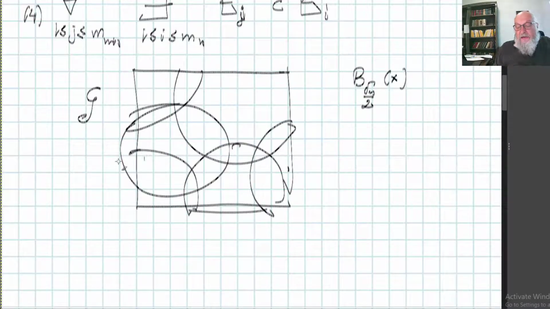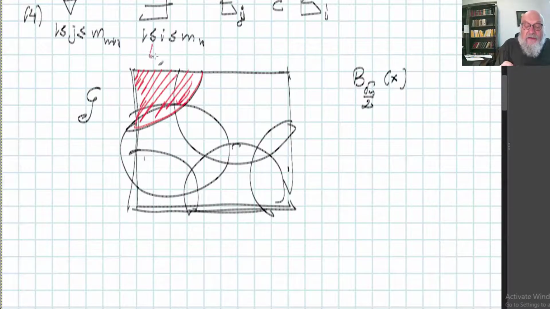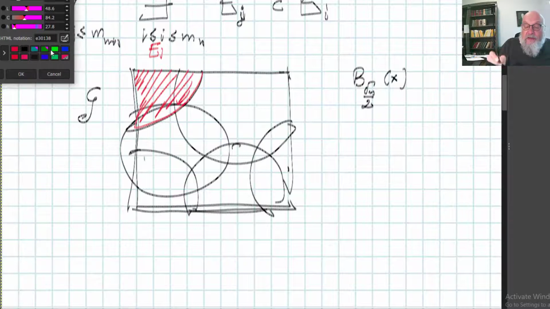For example, I take the first ball as the first set, E1. Then the next one is what is remaining from the second ball.